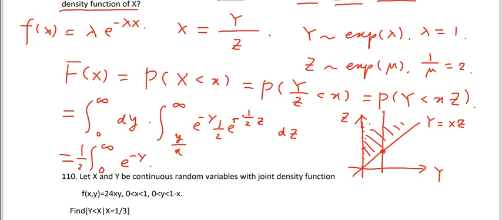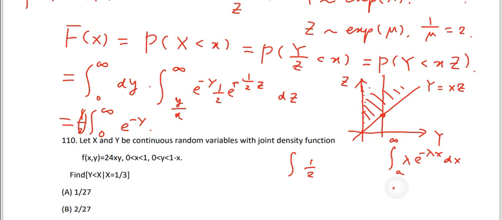Then we need to find this integration, right? Now half. Maybe we don't need to put this half outside. For the exponential distribution we use lambda e^(-lambda x) dx from a to infinity, which just equals e^(-lambda a).